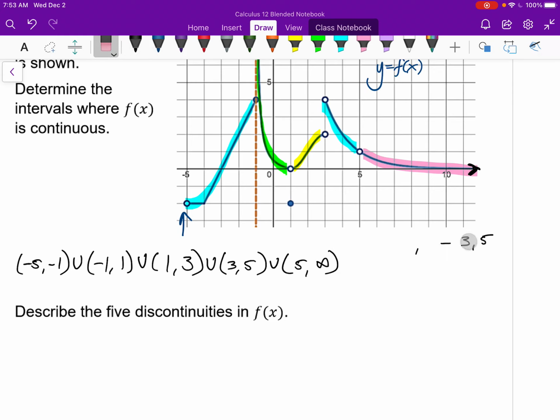So I'm going to erase my domain now, just because that really wasn't what the question was asking. This is where my function is continuous. And maybe I will just highlight these little sections to make it more clear. I'll say one more thing about it once I've done my coloring.